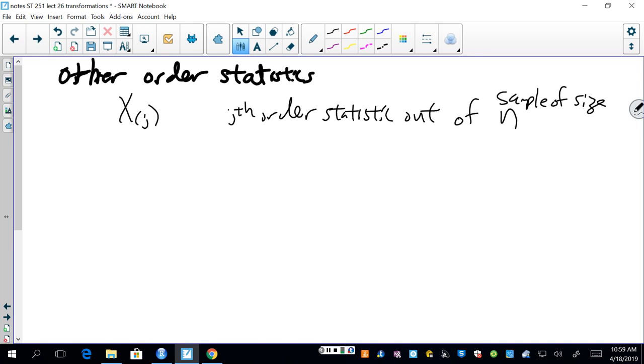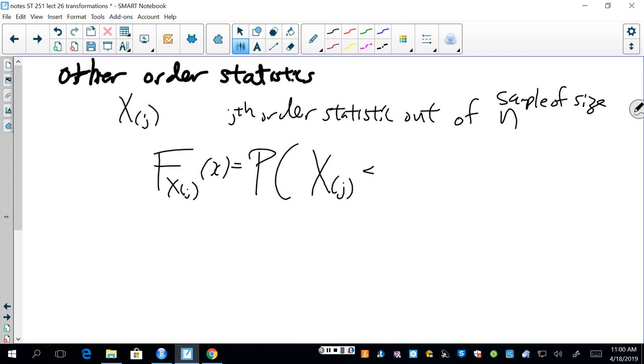One part of the rationale for also looking at this is that it emphasizes what the cumulative distribution means. And as we transform variables into summaries, they become new random variables. So the cumulative distribution function for this one is the probability that the jth order statistic is less than or equal to x.